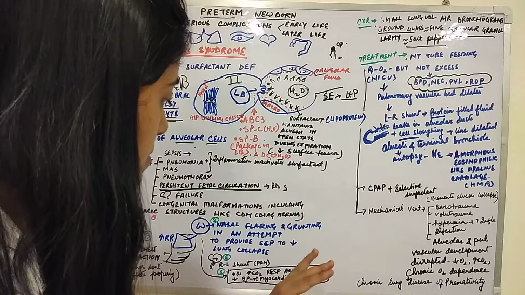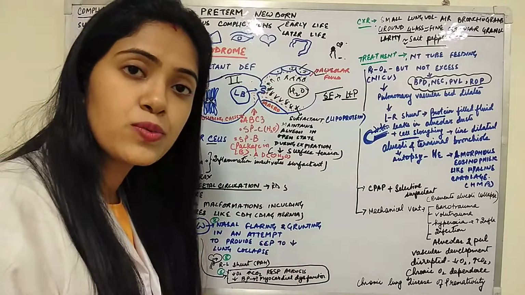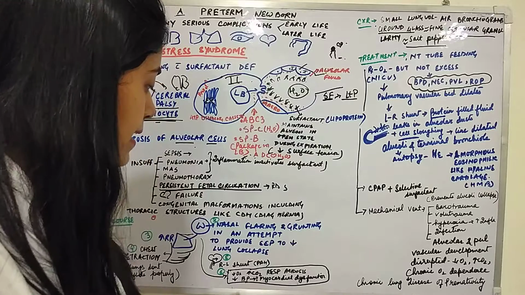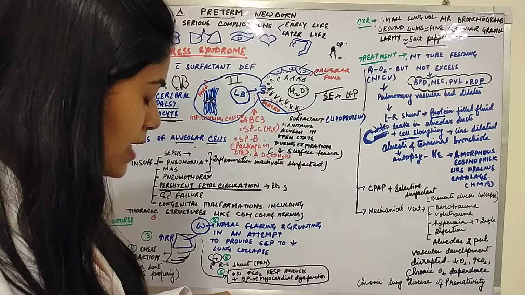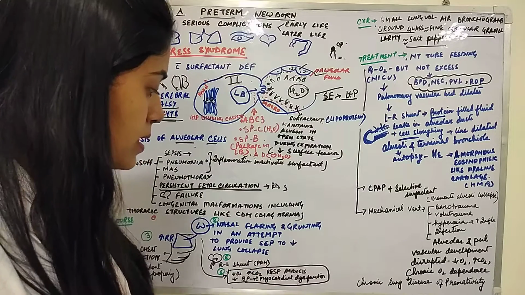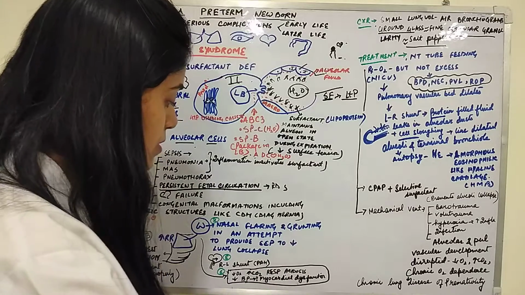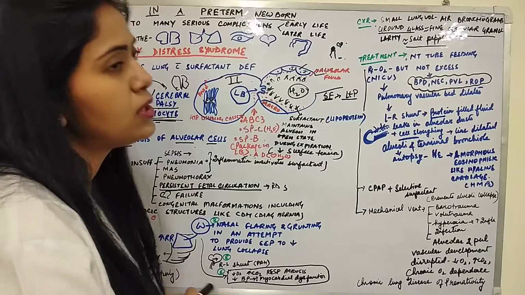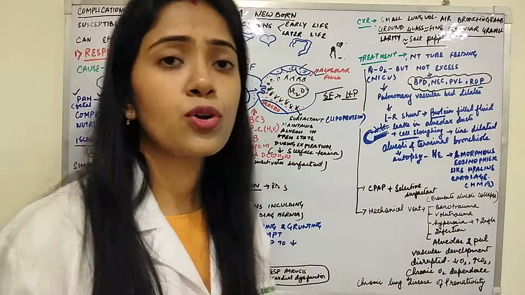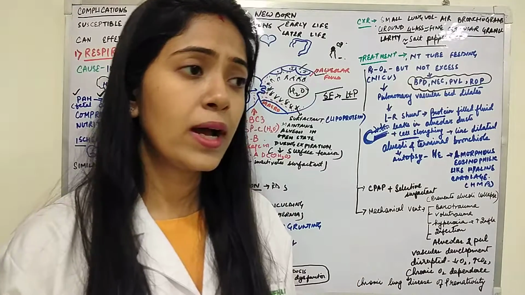Apart from these symptoms, there are some signs which will be evident, like decrease in oxygen saturation, increase in the carbon dioxide levels, that is respiratory acidosis. There is hypertension. The reason is not very well known why it happens.